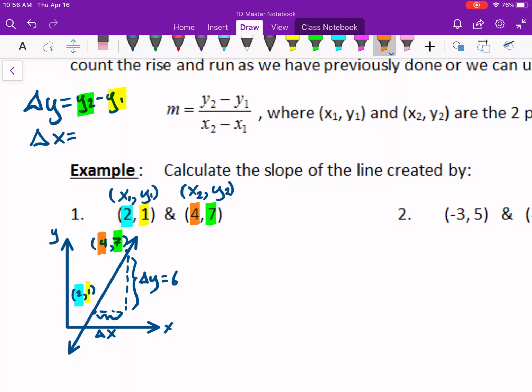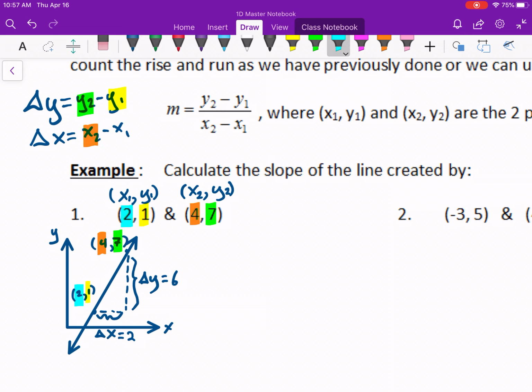So we've gone over left to right by 2. It's the difference between them, though. I can get it by subtracting. It's x2 minus x1.